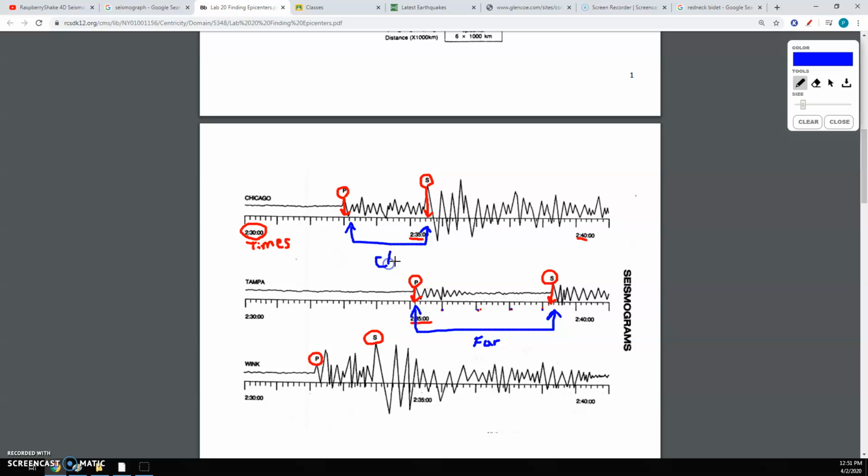This one's going to be close because this spacing is small, and there's only a little more than 2 minutes that have passed in this case. It's only about 2 minutes past here, but like 1, 2, 3, 4 minutes past down here. And those times are very approximate. I'm not reading the scale extremely accurately here. But that's the basic idea. Actually, the one down here, this would be the closest. That's the closest spacing between my P and S waves.